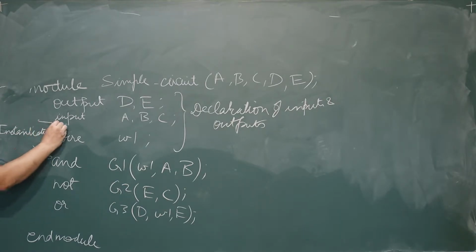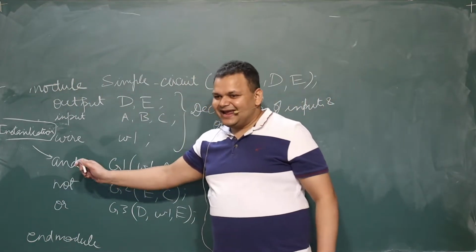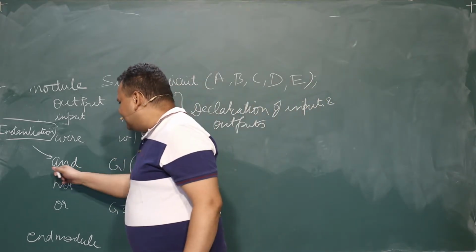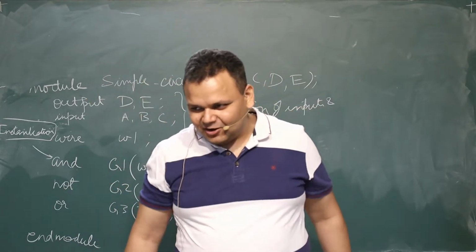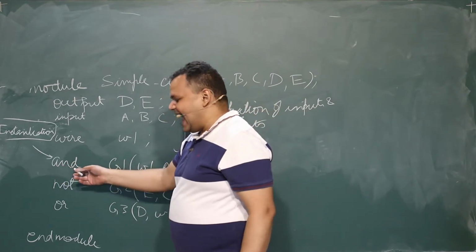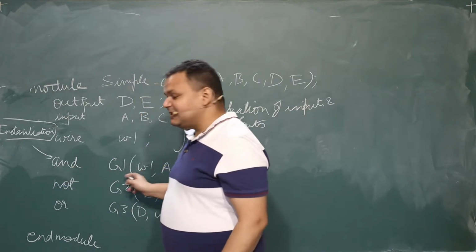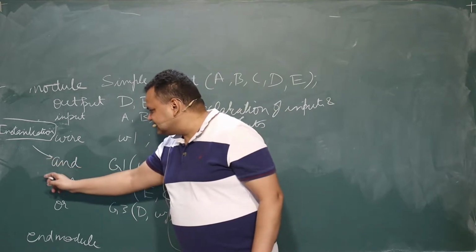So this is an instantiation of an AND gate. We do not need to define an AND gate. It is one of the keywords, predefined in Verilog. It knows what an AND gate is. So whenever we say AND, it automatically understands what AND is. So when we use this particular statement, it creates an AND gate.